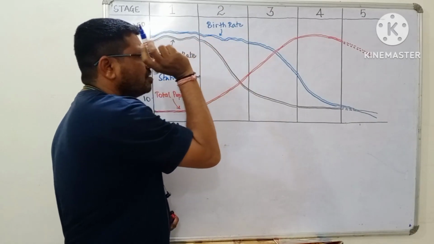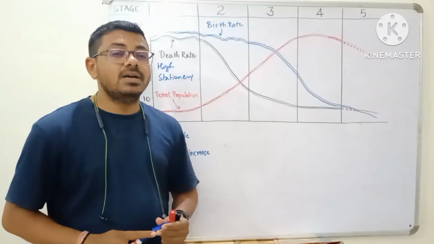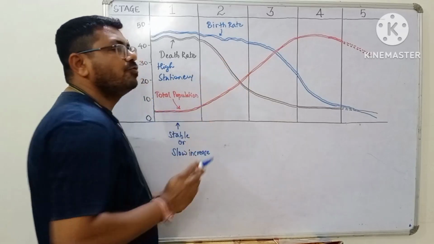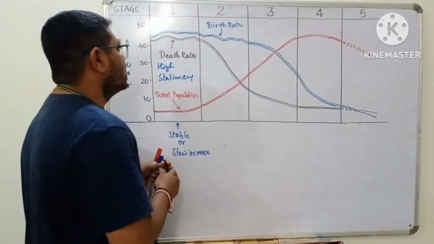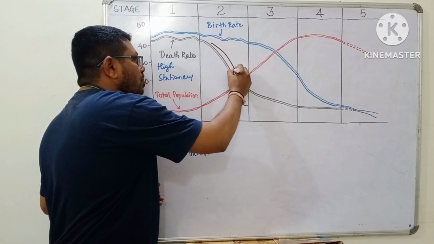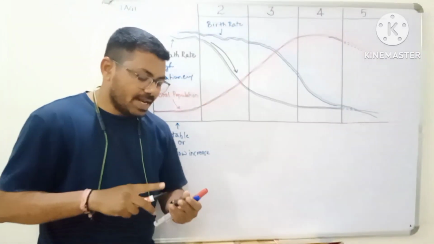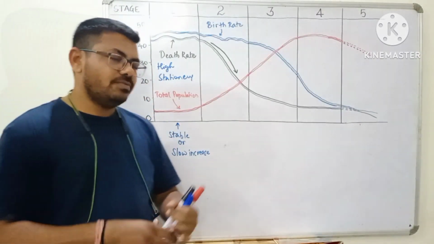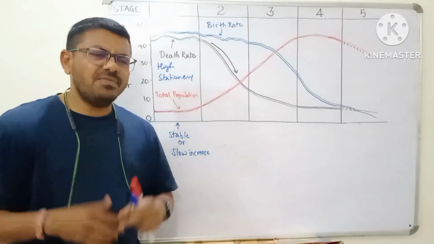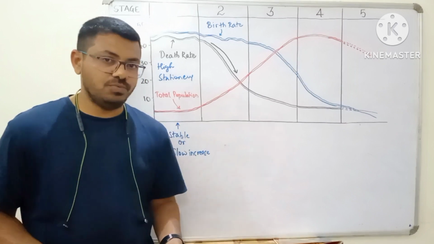Very slow decrease in birth rate, but death rate has shown a rapid fall. This is the rapid fall in death rate. You can see there that death rate has started going down. So, a rapid fall in death rate. Why? Simply, every person on the earth will like to live, right?